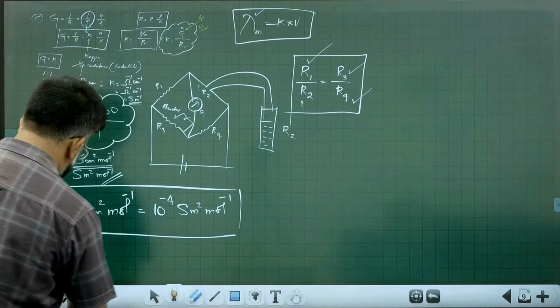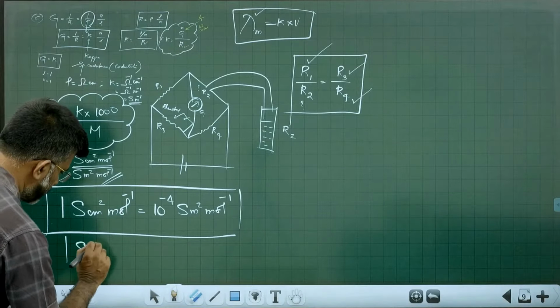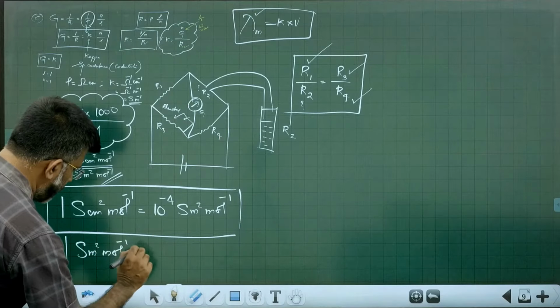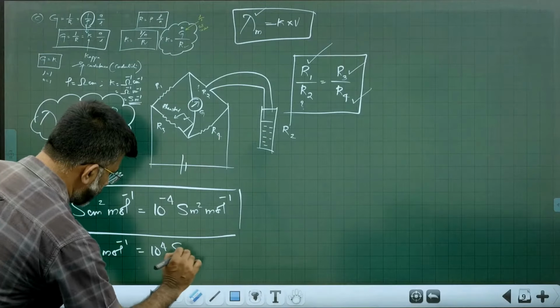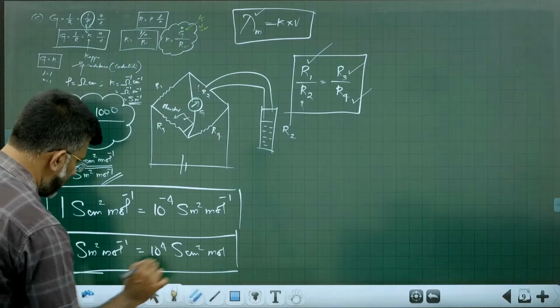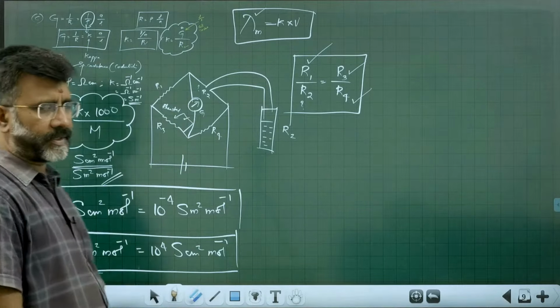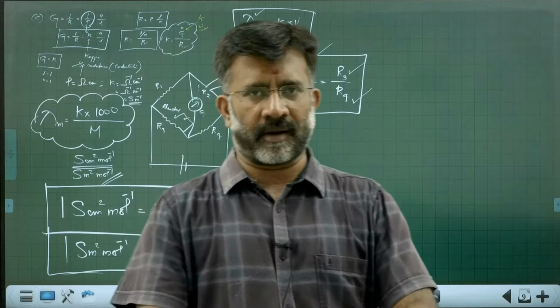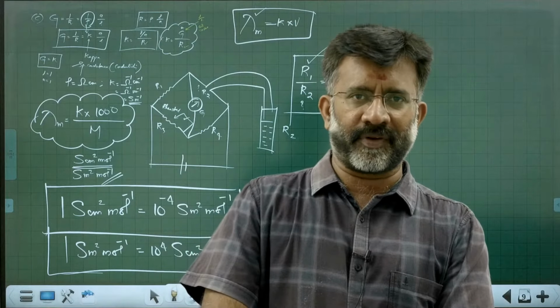Similarly, 1 Siemens meter square per mole will be 10 raised to 4 Siemens centimeter square per mole. So these unit conversions and the related calculations are one of the prominent areas from the chapter.